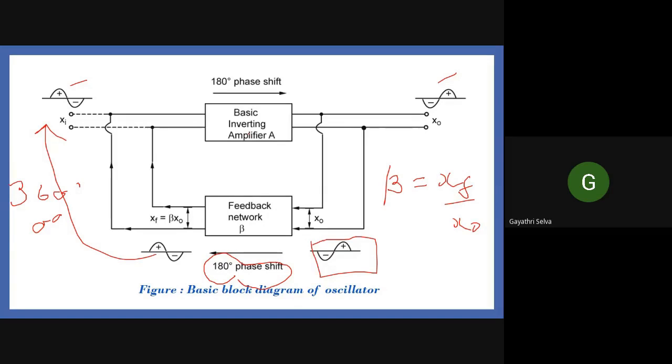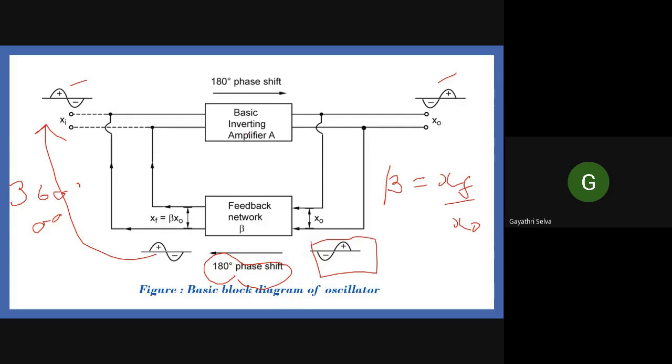So for an amplifier to work as an oscillator, it should have positive feedback. Whenever we have positive feedback alone, we can improve the gain. For an amplifier, we need a higher gain as well as a stabilized gain. Then only, if the gain is a nominal one, we can create an oscillation itself.